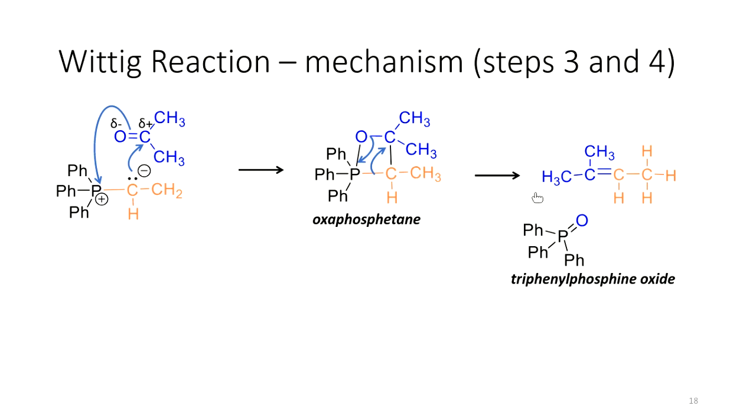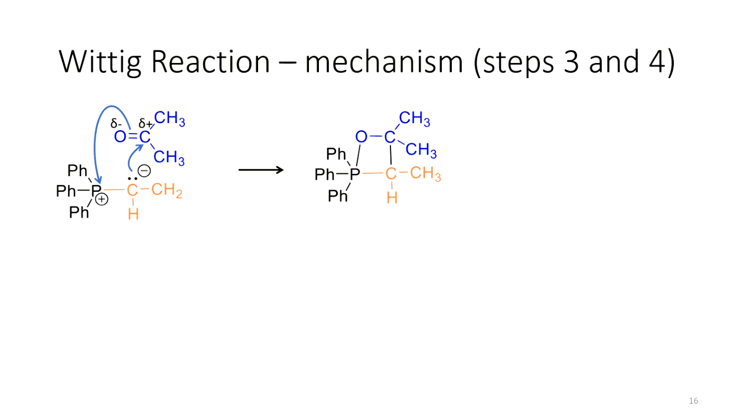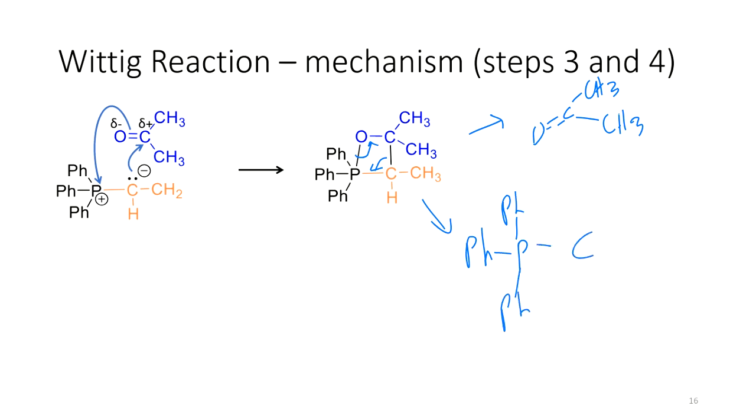Because if, after forming the 4-membered ring, you drew the arrows this way, in a sense, what you're doing is reforming the products, because this would reform your ketone, and here you'd have been reforming the ylide.